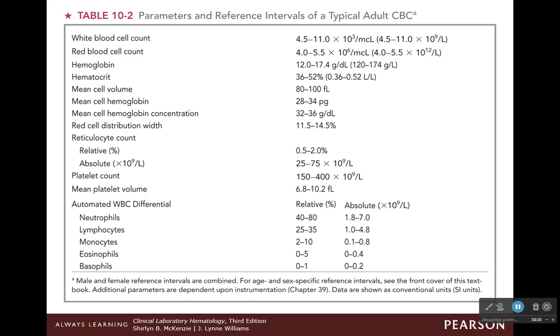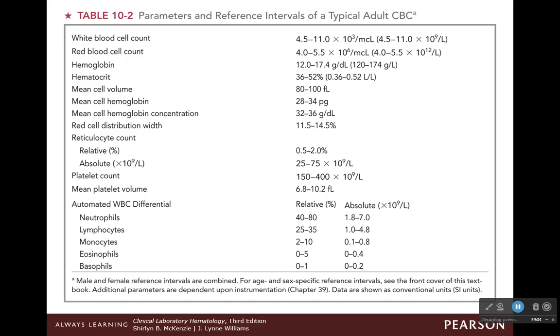Most hospitals don't use the absolute count except for the neutrophil. If the absolute count ever gets below 1 on neutrophil, that's considered a critical value for the patient, because that patient is very susceptible to getting an infection if they don't have at least 1 billion, 10 to the 9.